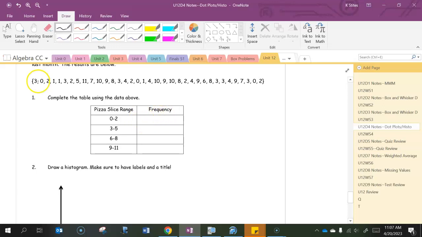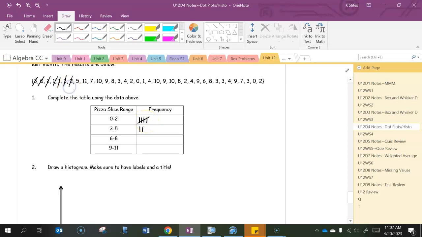So 3 would go here, 0 would go here, 2 would go here, and then 1, 1, and then 3, and then for 2, that's my 5th one, so I'm going to go like this.